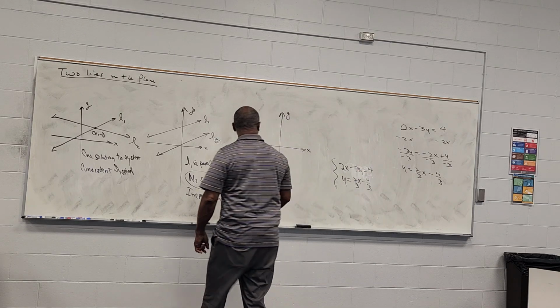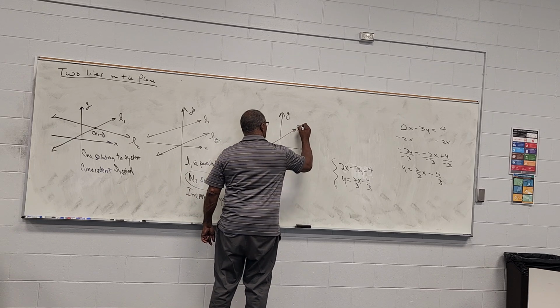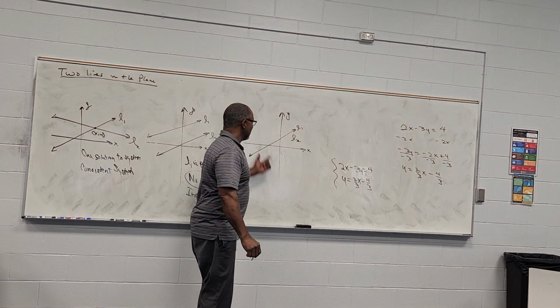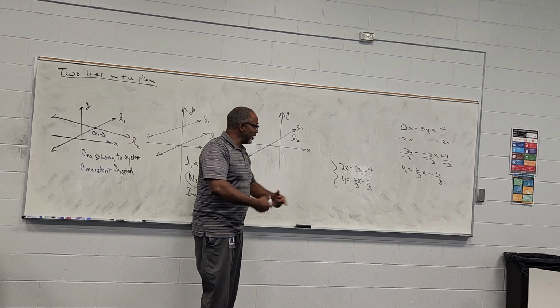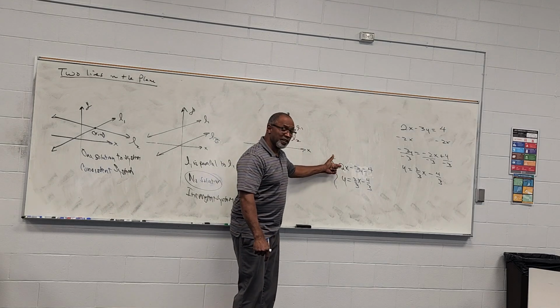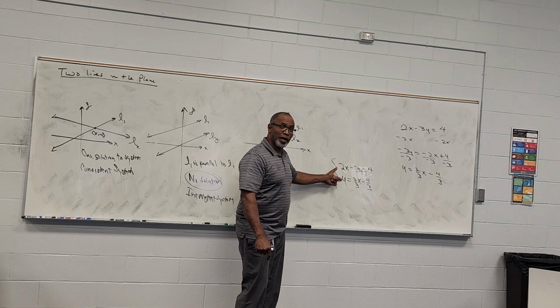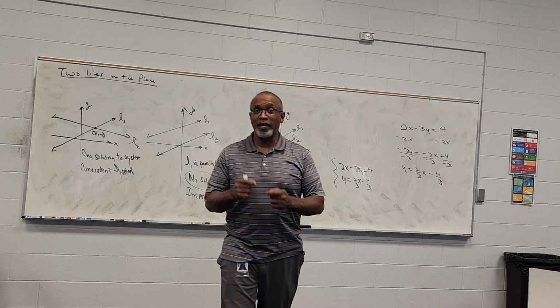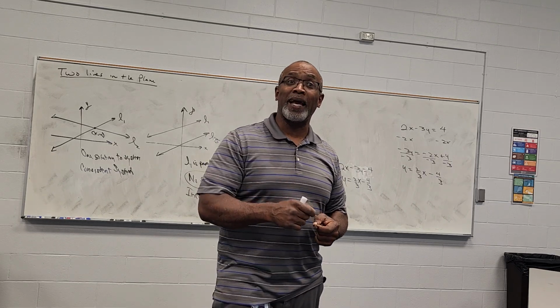So the third possibility is line L1 is actually the same as line L2. They're the same line, so one lies on top of the other, but the equations can look very different depending on how it's written. You might not have known that because they're written in different forms. So the other possibility is they're the same line.